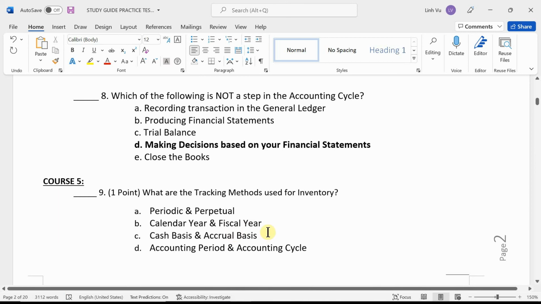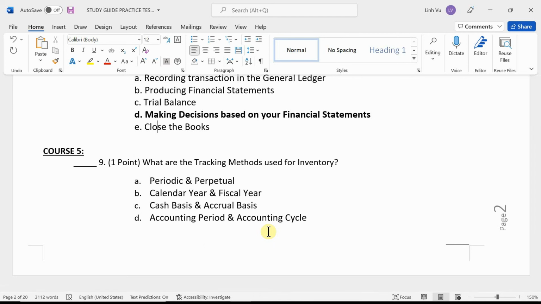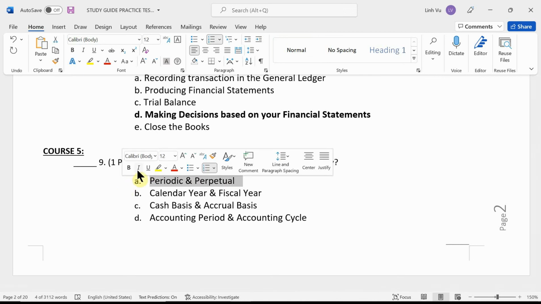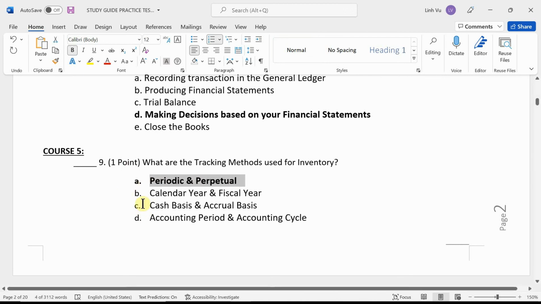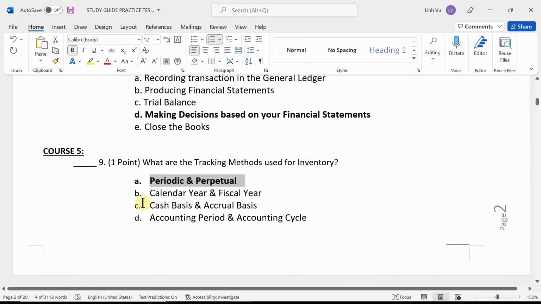All right, chapter 5. What are the tracking methods used for inventory? A, periodic and perpetual, correct. You need to know the definitions and how to apply them, because I could give you a scenario.